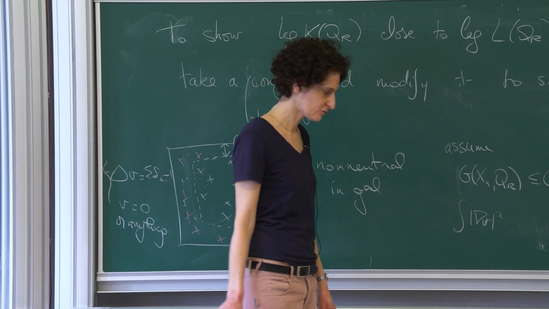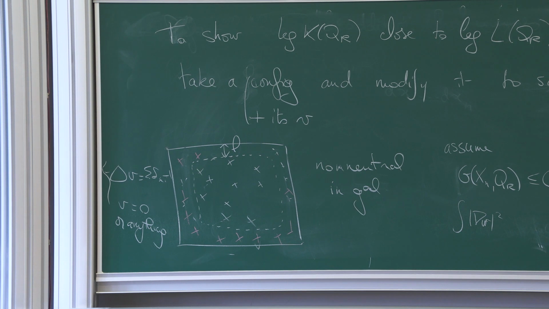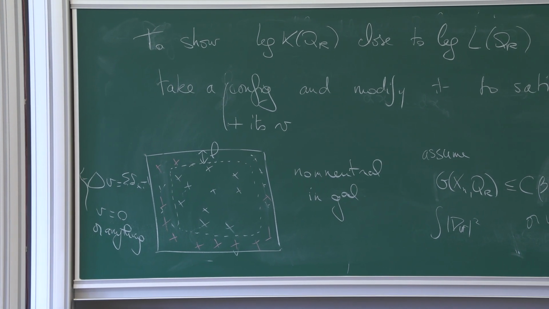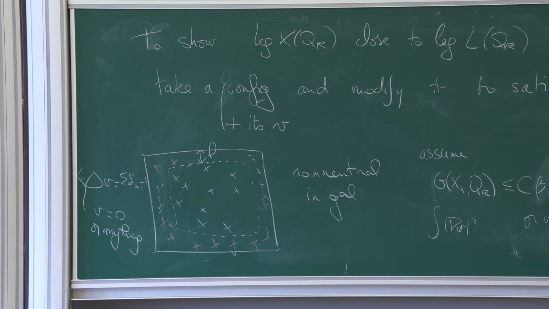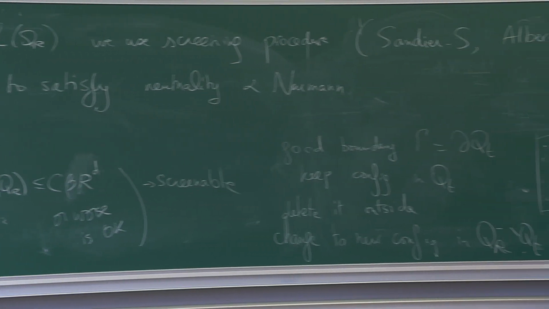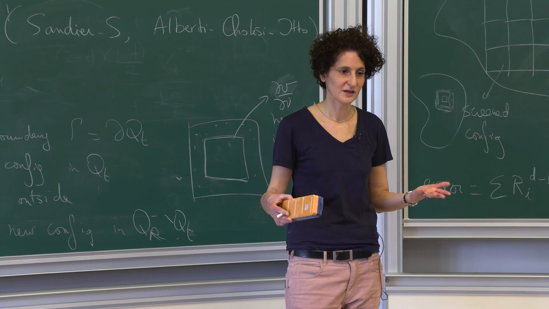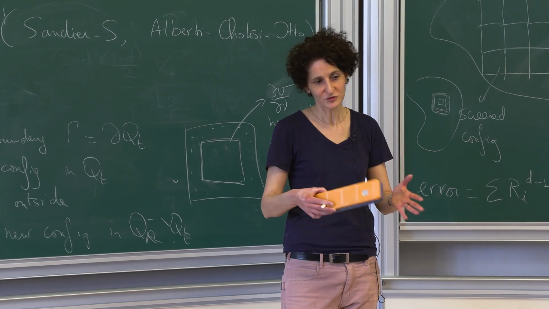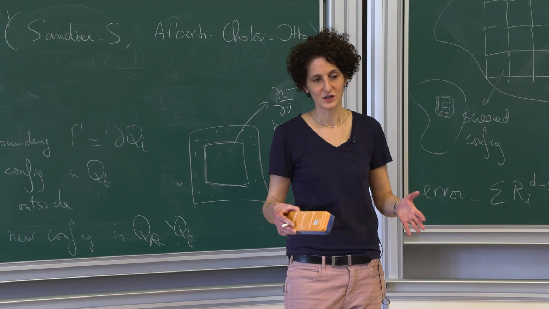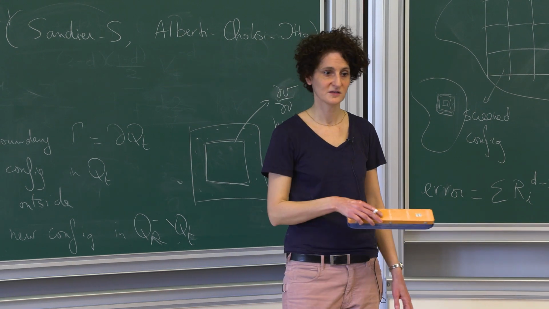Yes, but that's why it will go by bootstrap on scales. You see, because first you know something at the larger scale that tells you that typically points are relatively well distributed in subcubes with a certain precision. And then you go down, you improve your precision, and it tells you again. So you will throw away, if you want, configurations in the whole set.